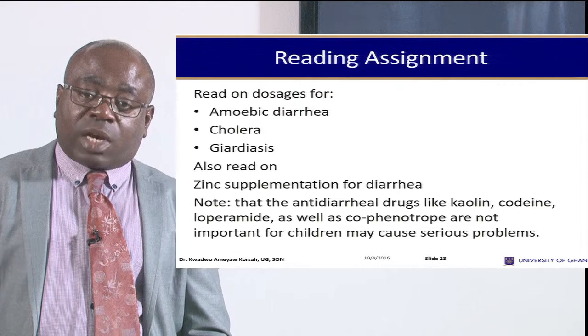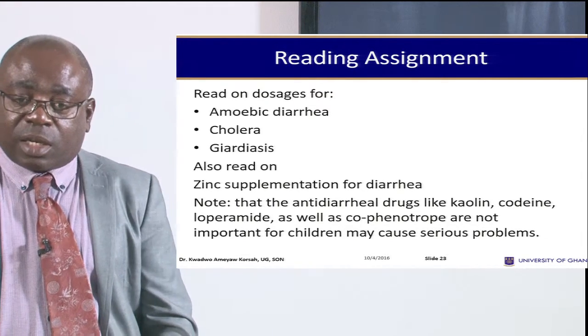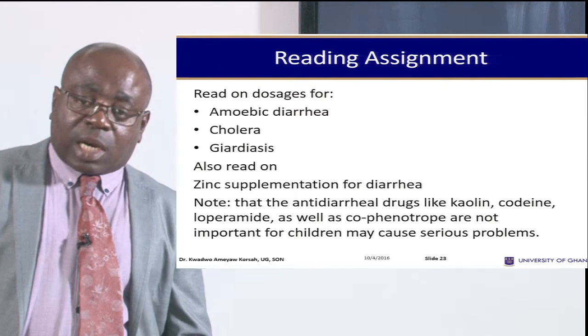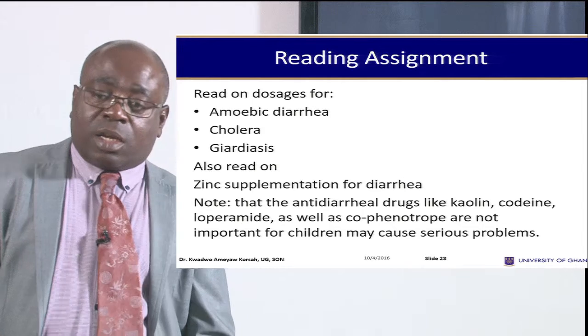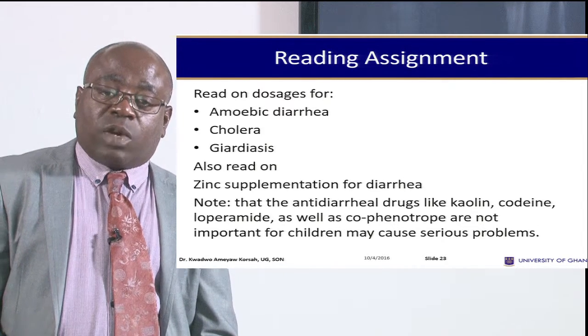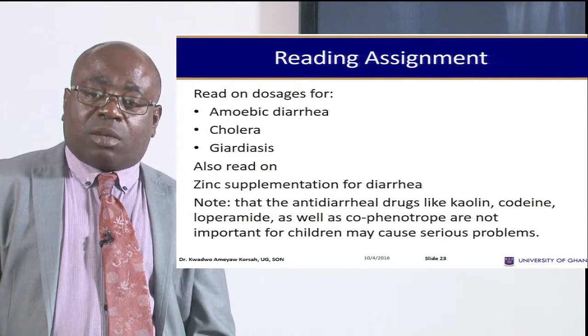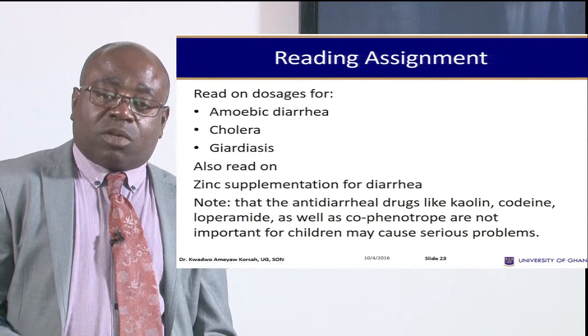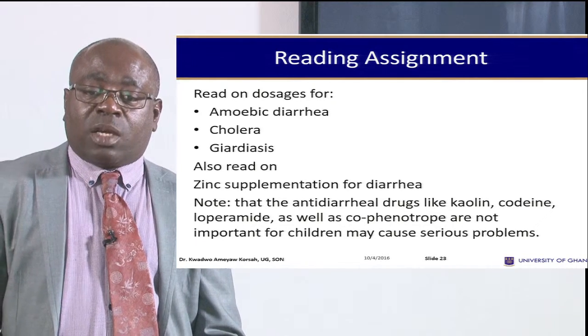For instance, if the patient is running severe diarrhea and you give kaolin, it will stop the diarrhea all of a sudden. But meanwhile, you haven't killed or treated the microorganism, and so the microorganism is harbored in the GIT, and it will cause further complications.